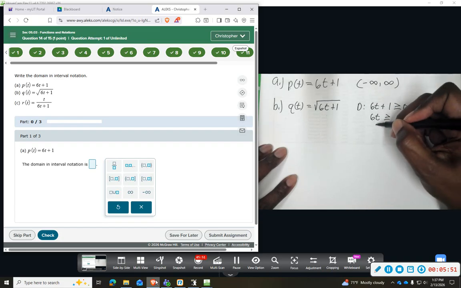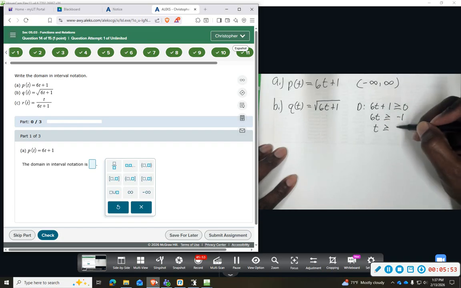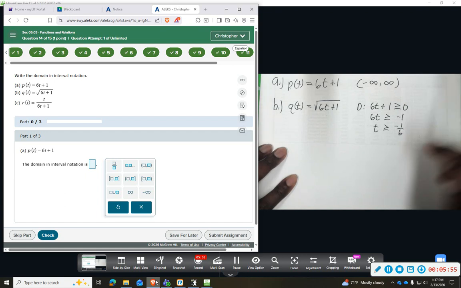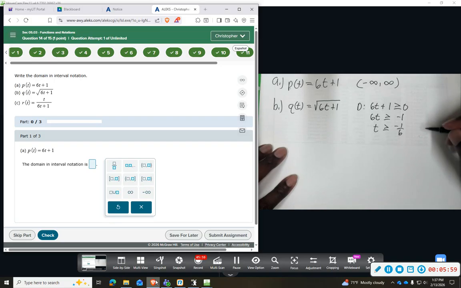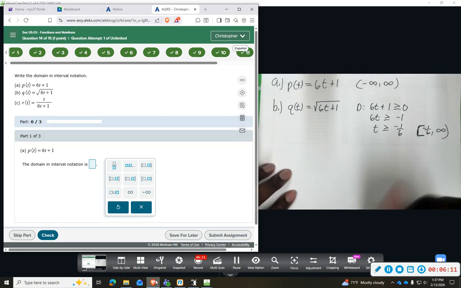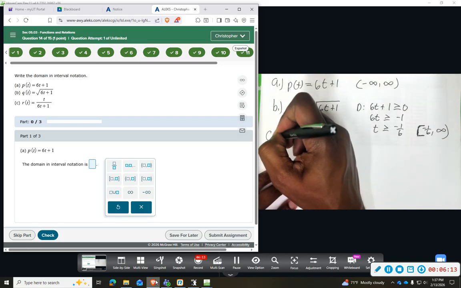Divide by 6. Okay, so that means negative 1 over 6 all the way to positive infinity. So my domain, in this case, will be a square bracket because it's equal to negative 1 over 6, to positive infinity. Infinity will always have parentheses because we never reach it.